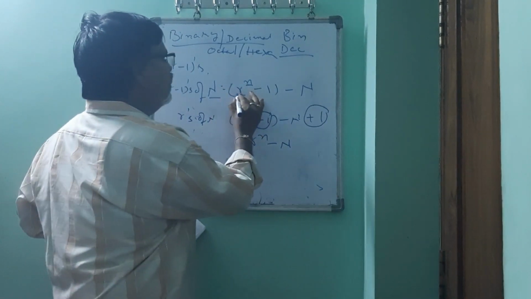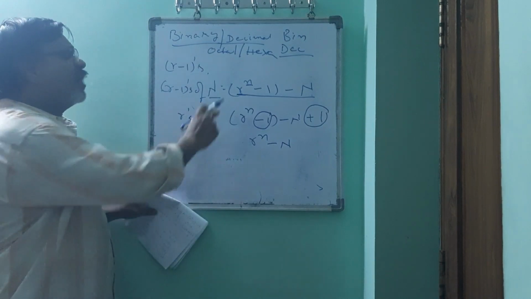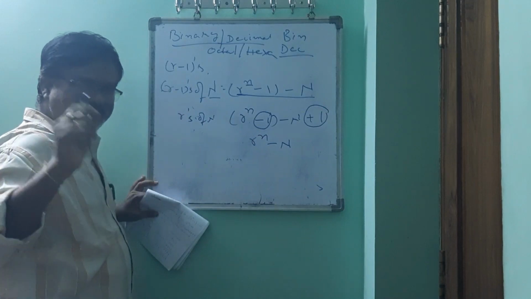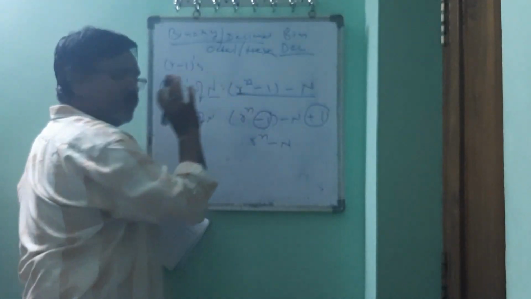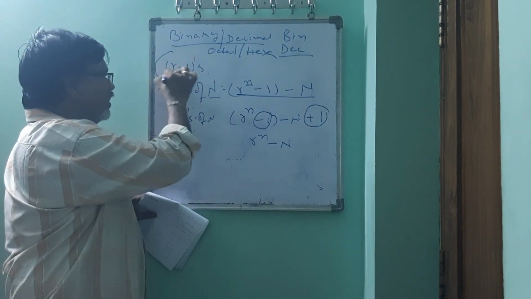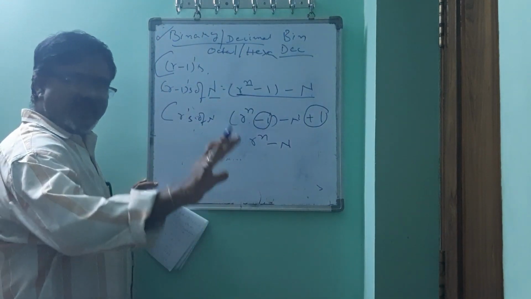This is the formula for calculating r minus 1's and r's complement for any number system, for any base.